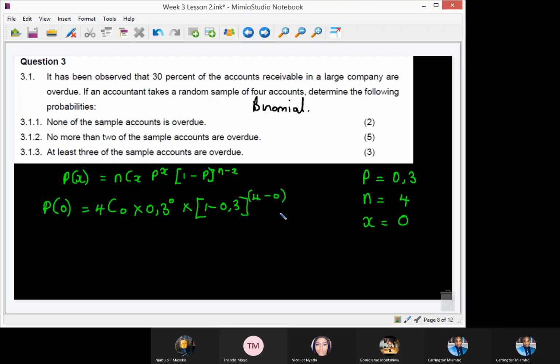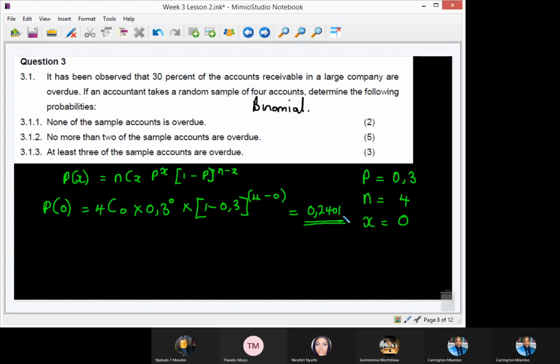Easy as this, right? 4C0 times 0.3 to the power 0 times 1 minus 0.3 to the power 4, which is equal to 0.2401. You're done. Simple as that.